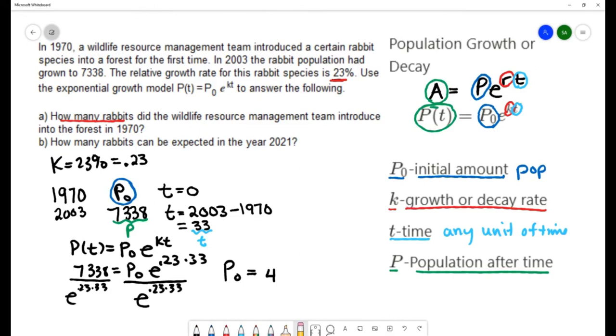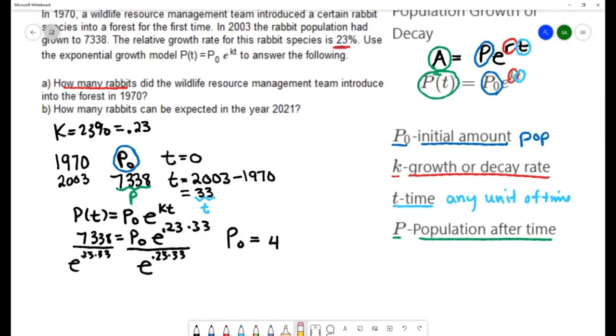But then in part B, we want to know how many rabbits can be expected in the year 2021. We have now figured out the initial population, so we can update our model with that information. We have P of t being 4 times e to the 0.23t.